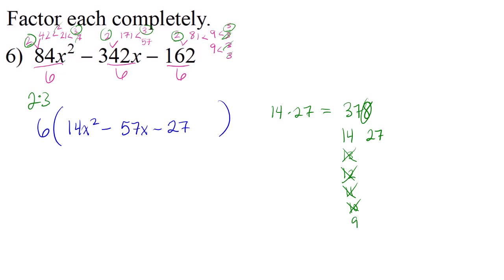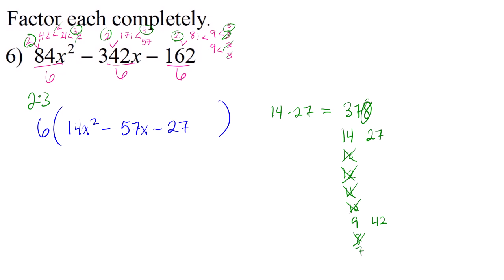9. 378 divided by 9 should work, but I'm going to double check. It's 42. So 42 minus 9 is 33, we're getting closer, but not quite there yet. We need to get to 57. So we're going to check 8. 378 divided by 8 is not going to work. 7, 378 divided by 7, that's going to work.